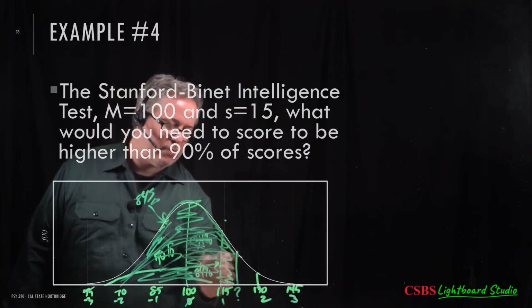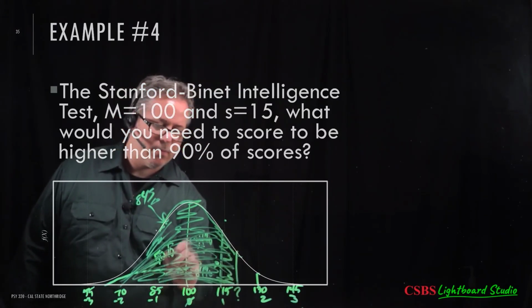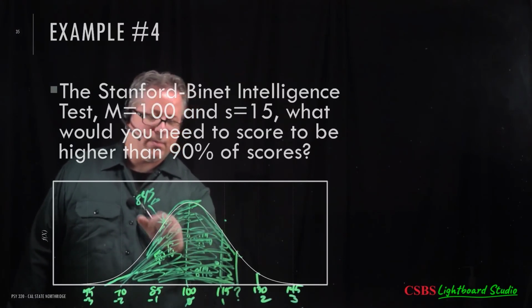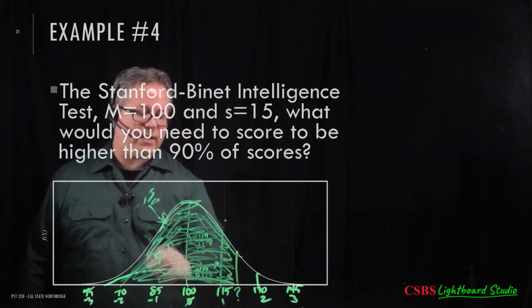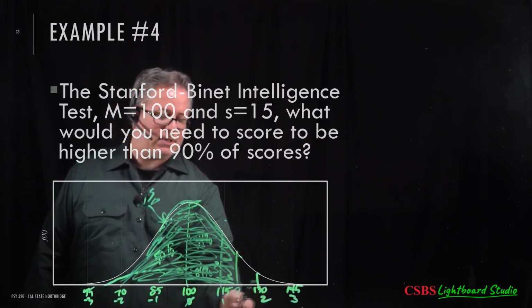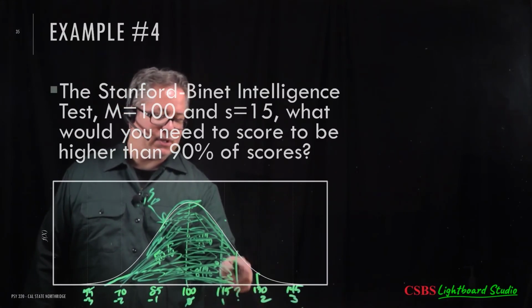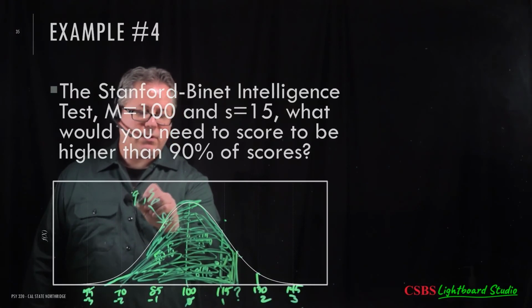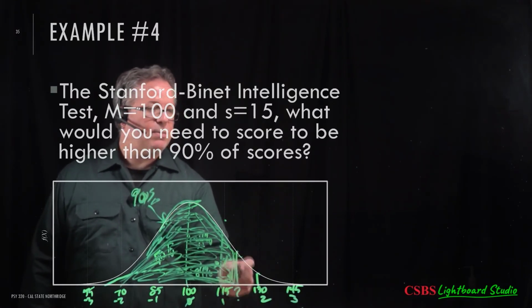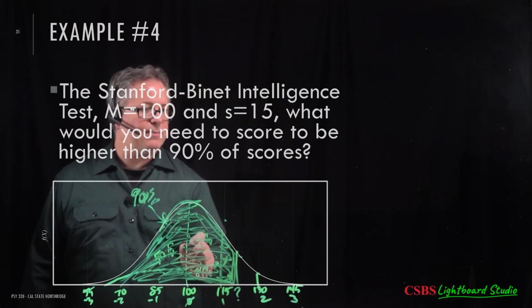I don't know what the number is, but I do know that some value between the first and second standard deviation is going to give me a proportion that is relatively close to 90%.